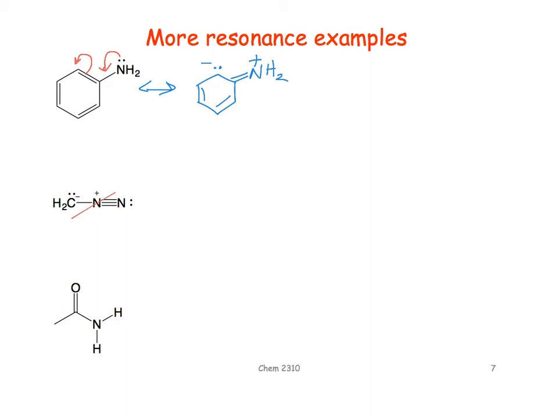Just like before, once we're in the benzene ring, we can keep going too. Now we have non-bonding electrons. These can go to form a pi bond. Push those electrons over to there, the electrons to the far side of the ring, minus. We can keep going.